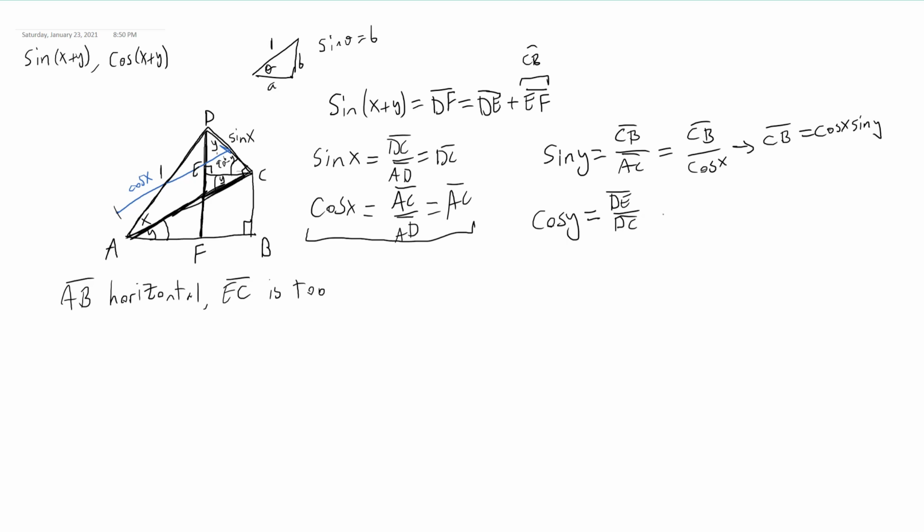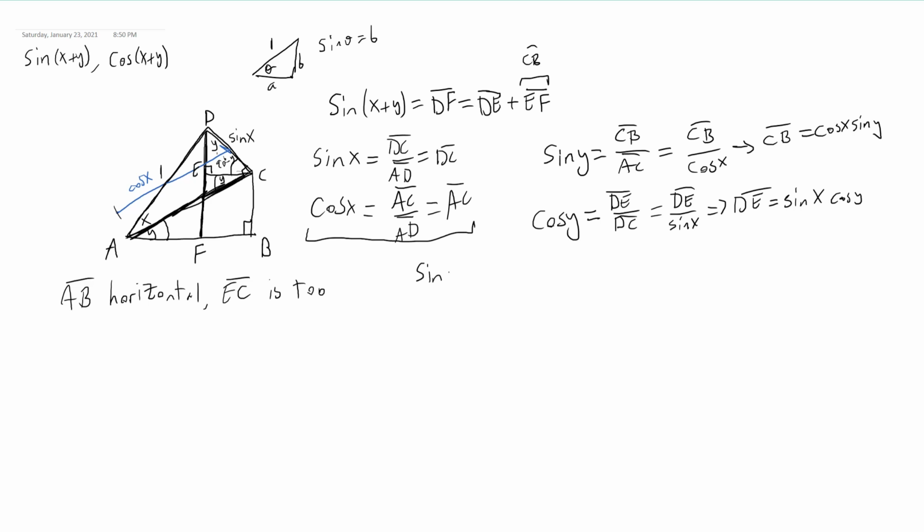But DC, we've already found, is sine of x. So that means that DE is sine of x cosine of y. And that was the other segment that we needed.